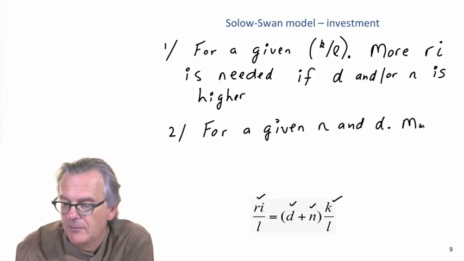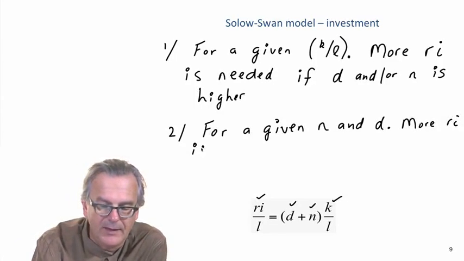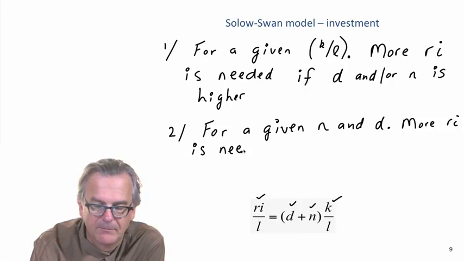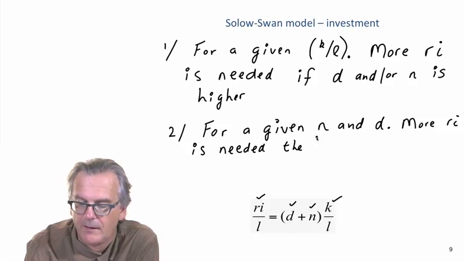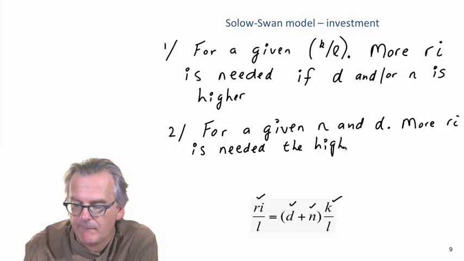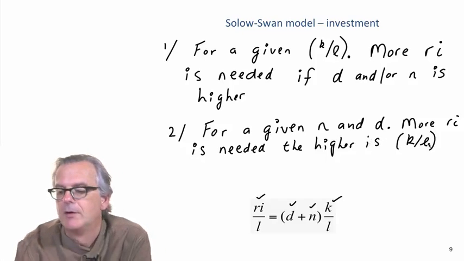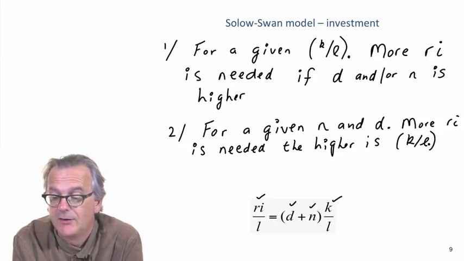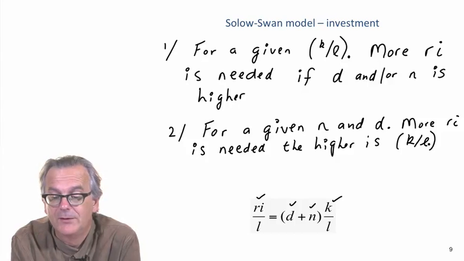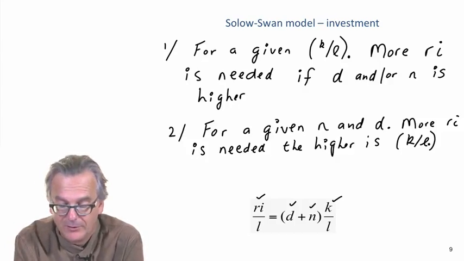Then, again, thinking about it logically, more replacement investment in that case will be needed the higher is the capital labour ratio. If you have more capital per person, then you're going to need more replacement investment for given rates of population growth and depreciation.